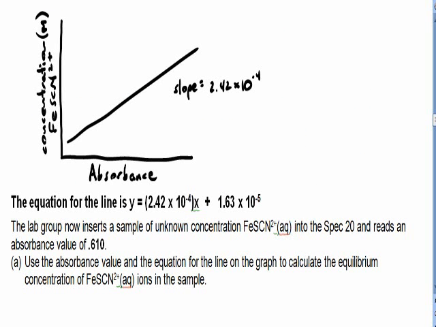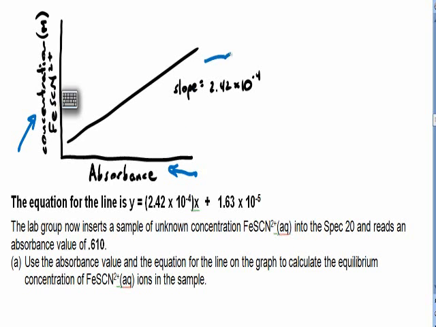The next part of the calculations involve using the Beer's law graph made in Tuesday's part of the lab, where we took known concentrations of FeSCN and measured the absorbance of them, and then made a plot of concentration versus absorbance.